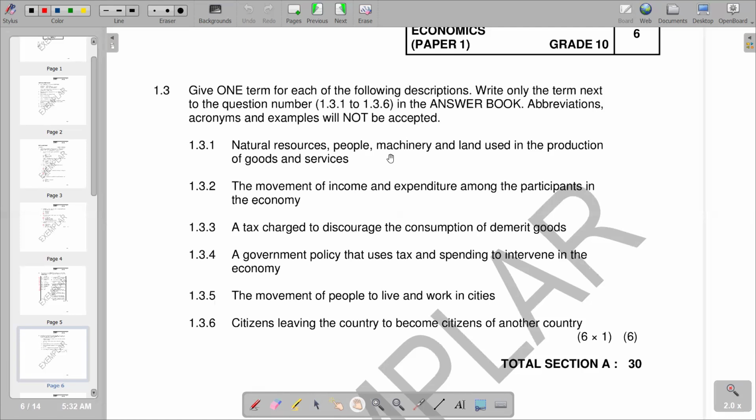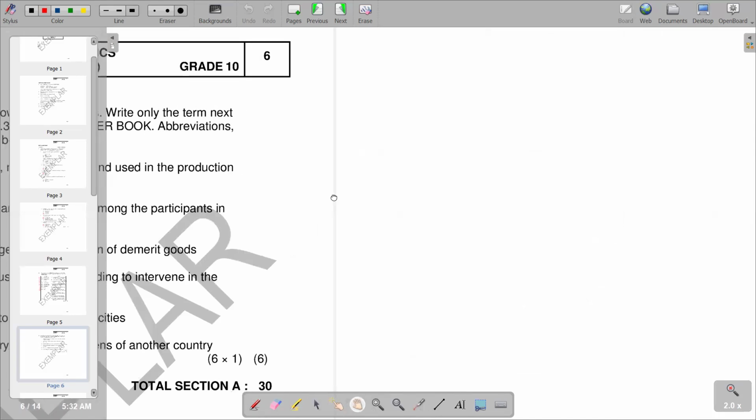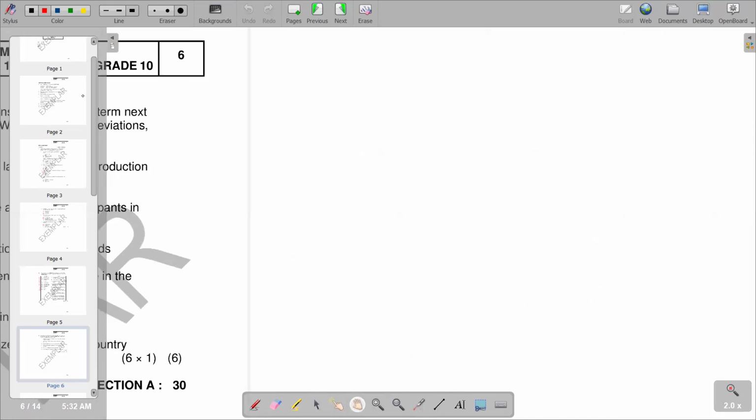So this is representing the factors of production, whereby we have land, labor, and capital. So 1.3.1, we are saying factors of production.